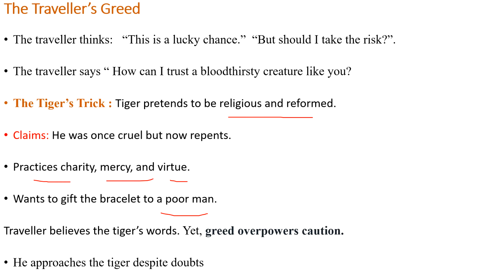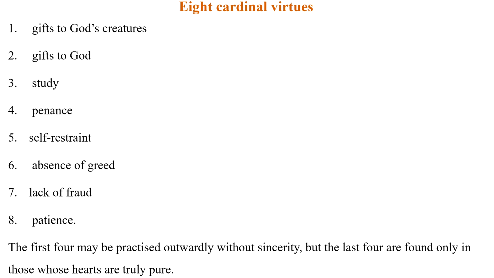Here, see, greed overpowers caution. Then the traveler approaches the tiger despite so many doubts. The old tiger says that it is following the saint's teaching, the pious man's teaching, and that it has taken a ceremonial bath and is ready to give gifts to the poor man.